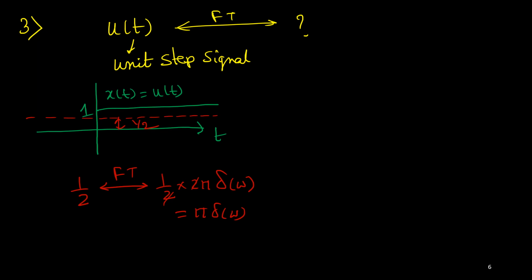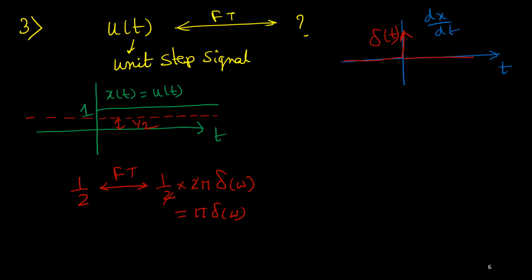You'll see the derivative dx/dt has left side 0 because it's constant, and right side is constant, so it is also 0. Only there is a certain change at t equal to 0, so you will find an impulse here. And that magnitude is only delta t because it is 0 to 1.